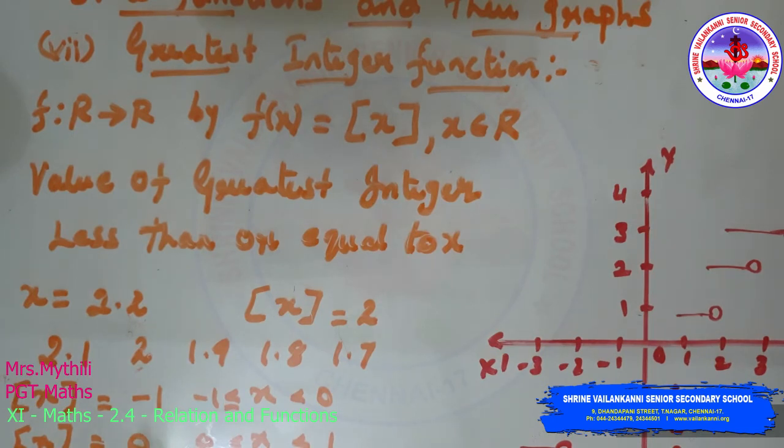If you take x equal to 2.2, the values less than 2.2 are 2.1, 2, 1.9, 1.8, 1.7, and it goes on. The greatest integer must be less than or equal to x, and it must be an integer. So the greatest integer less than 2.2 is 2.